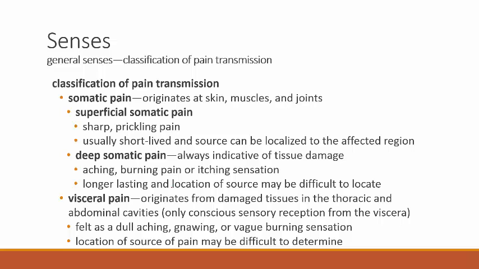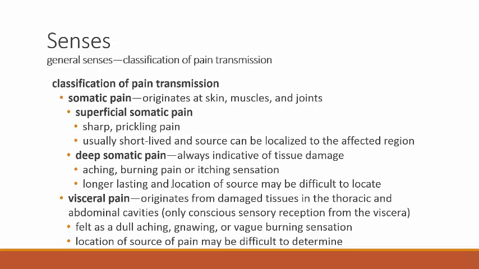It's longer lasting than superficial somatic pain, the sharp prickling pain, and because of the size of the receptive area, it can be really hard to determine where that deep somatic pain is coming from. It's carried on those type B, the slow pain fibers.